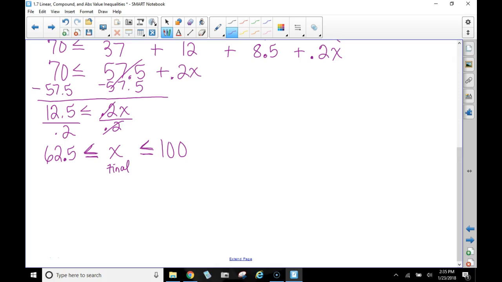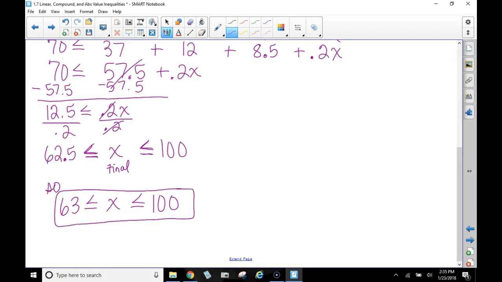So actually, he needs to make at least a 63. So 63 is his minimum score on his final. The maximum score is a 100. So Trent needs to make at least a 63 or better to pull his C for the course.